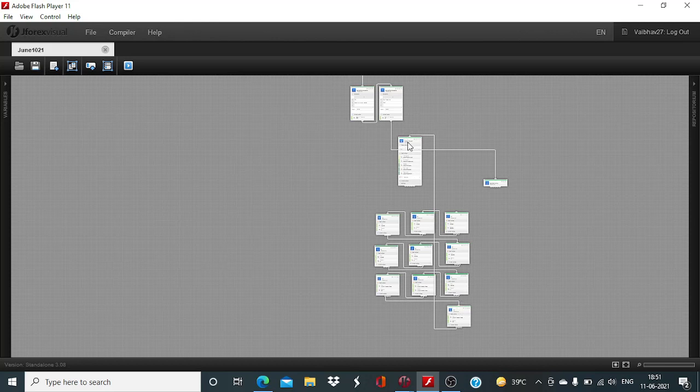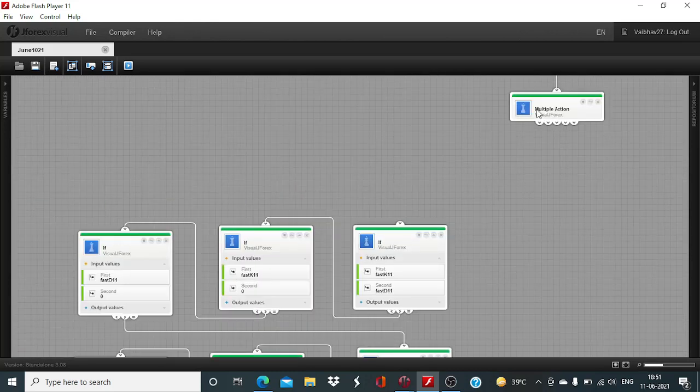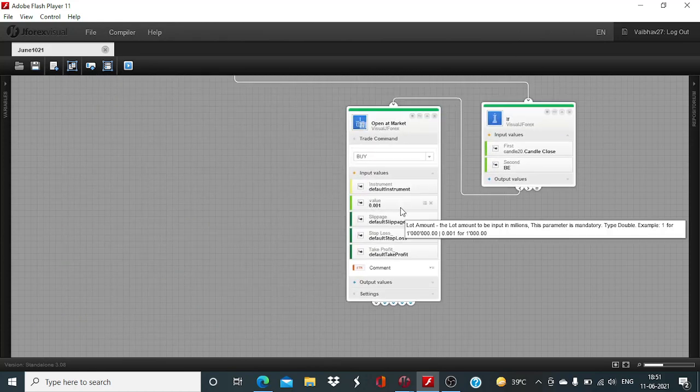We have needed 10 blocks to define these conditions for the entry, and I will join this first one to the multiple action. And now coming to these input parameters.